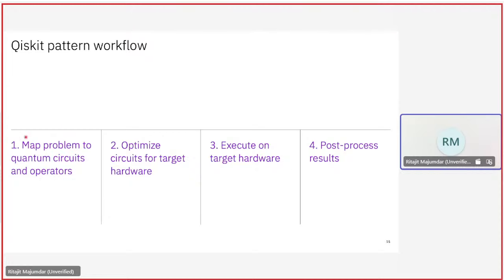Once you have this done, you need to optimize the circuits for target hardware. So you came up with some circuits. They may not be very good circuits, but you can now optimize the circuit. There are already existing methods to do that, but who said that the existing methods are the best methods, right?